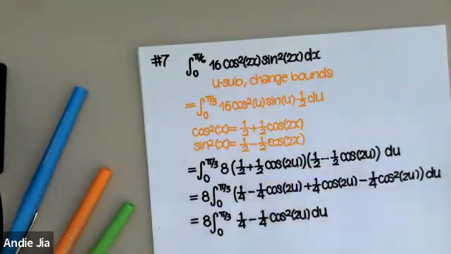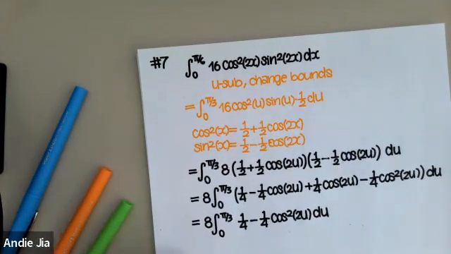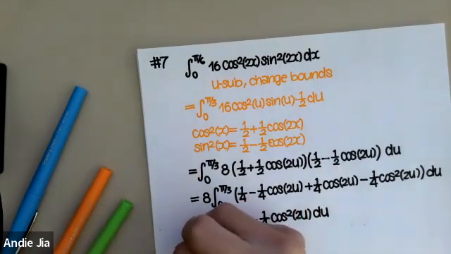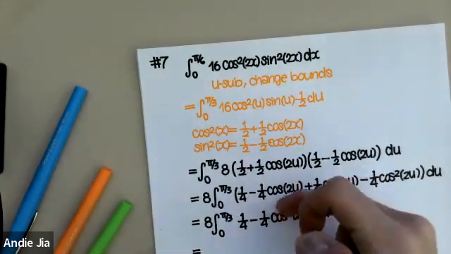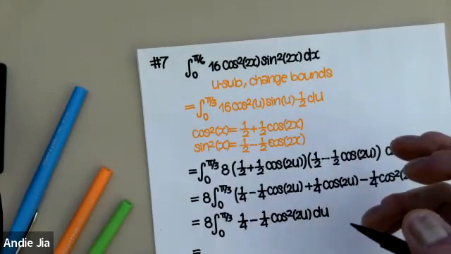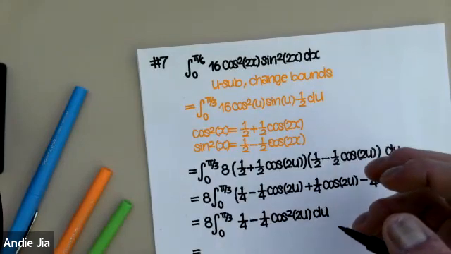Then rewrite this again. You're just still doing this thing here. 1/4 cosine of 2u, we just put a 1/4 out here.